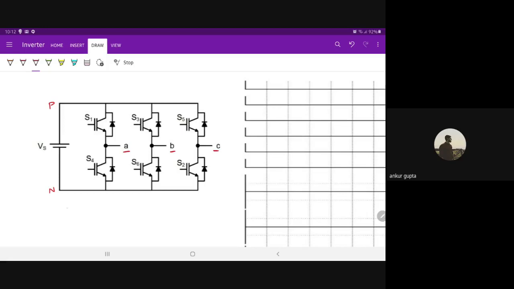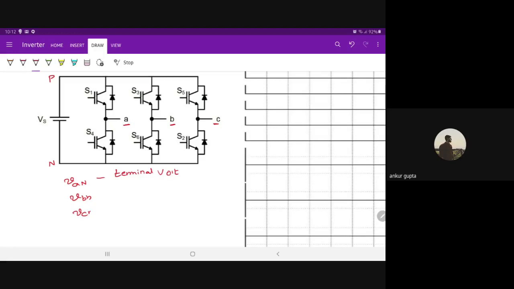Here the voltage VAN is the terminal voltage. VAN, VBN and similarly VCN are the terminal voltages. VAB, VBC and VCA are the line voltages.